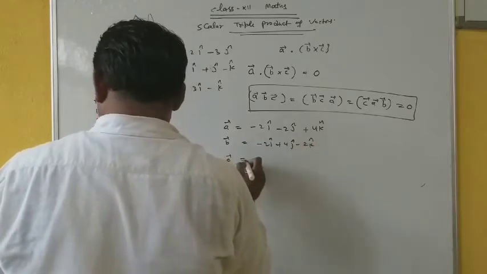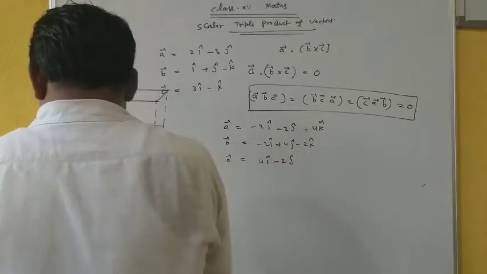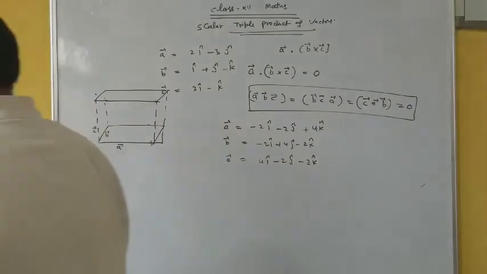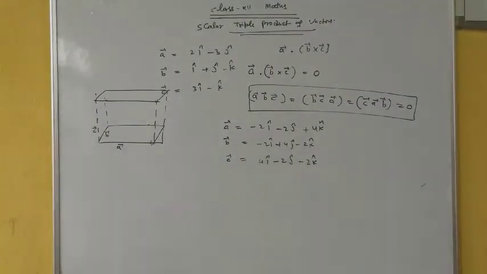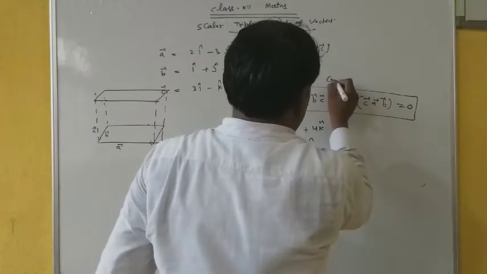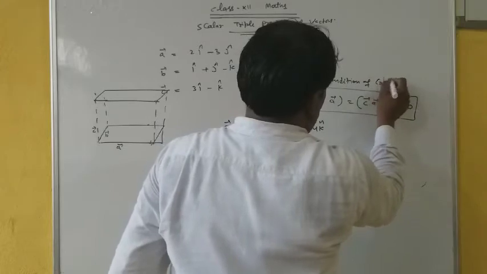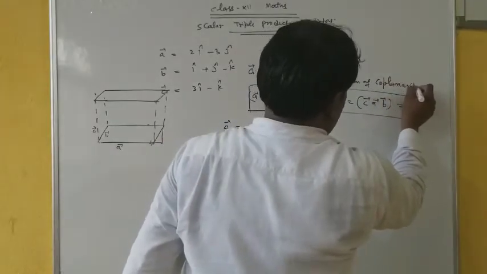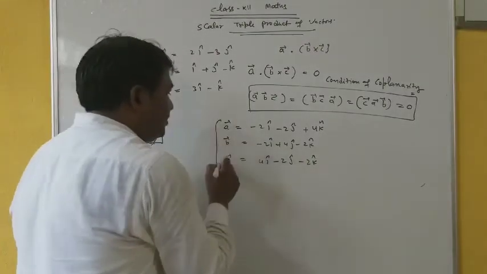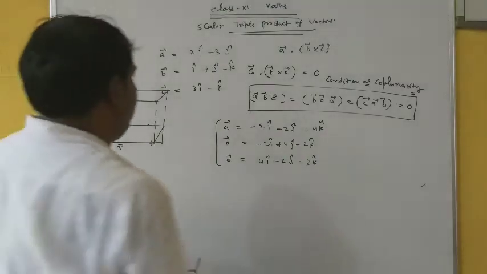Vector C is equal to 4i cap minus 2j cap and minus 2k cap. Here, this is the condition of coplanarity. Here you have to prove that these three vectors are coplanar.